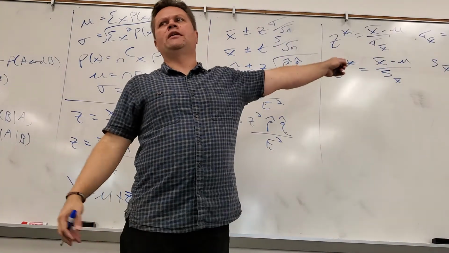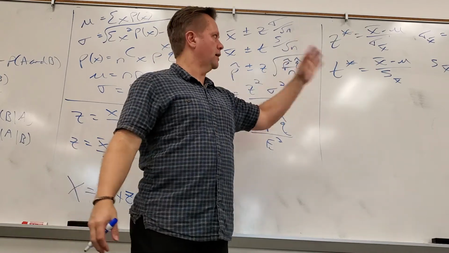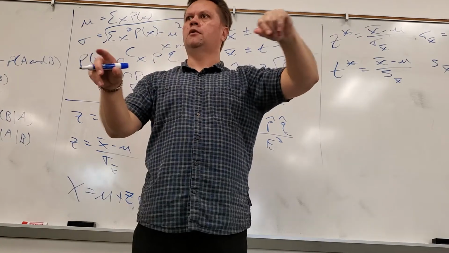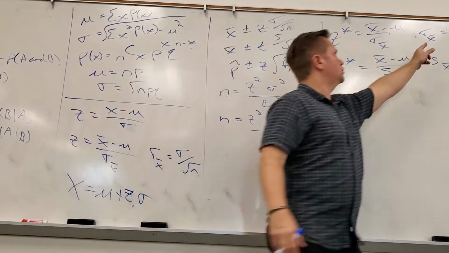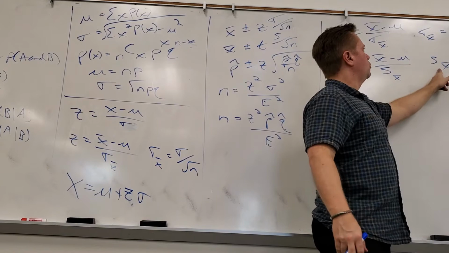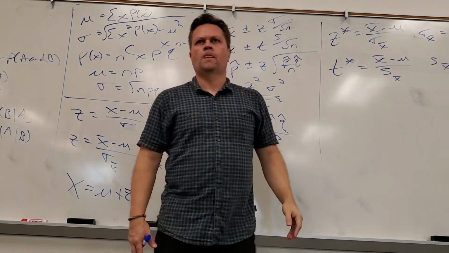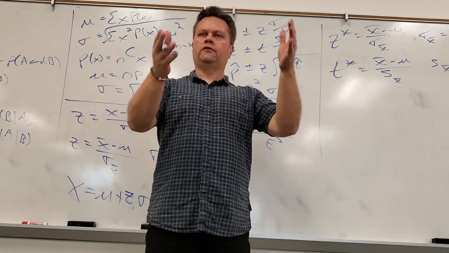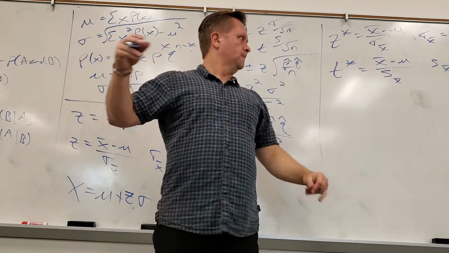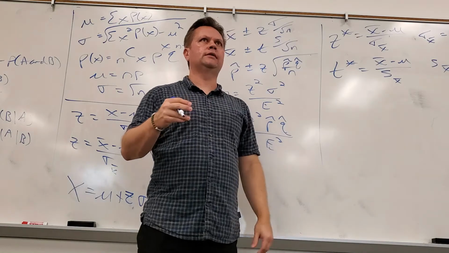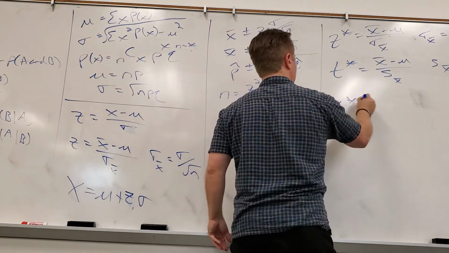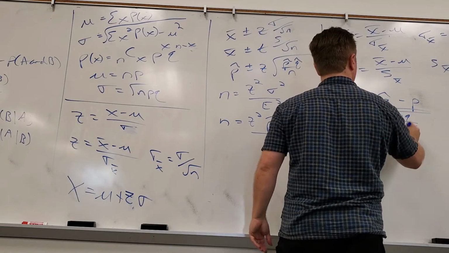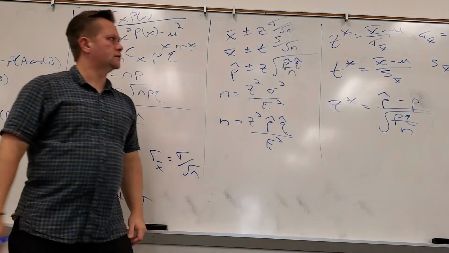You kind of left the S alone, but again, S and sigma are for individual data points. If I have a group of data points, I must change the standard deviation to become the one for a group of size n. So I don't care which standard deviation you know. It's the one for individuals. You have to change it. Oh, and then you got this guy. I think that's it for that.